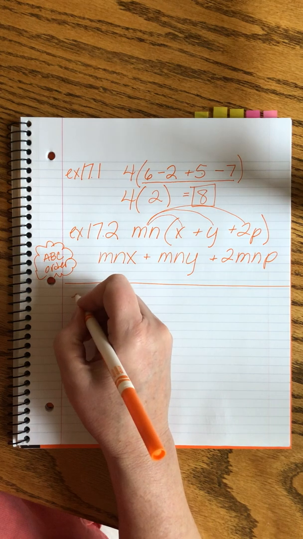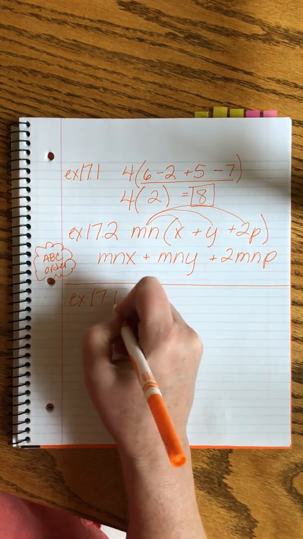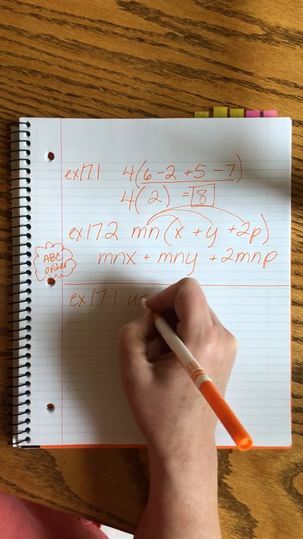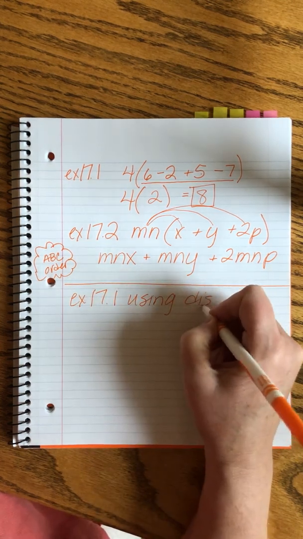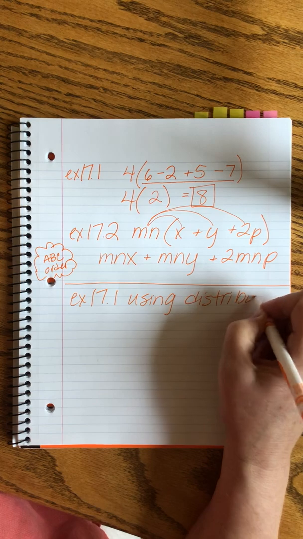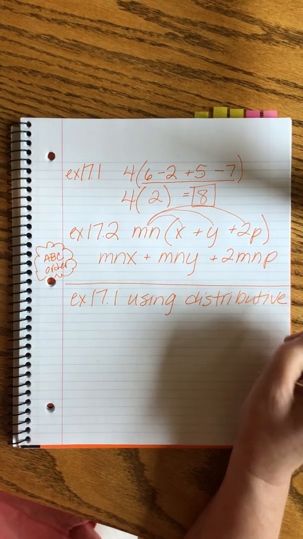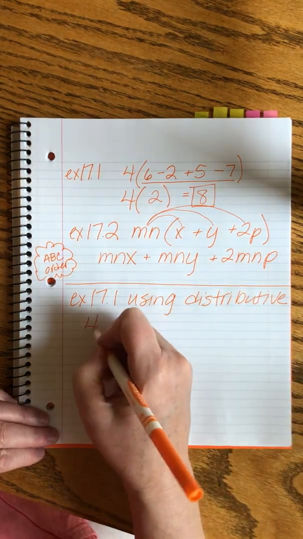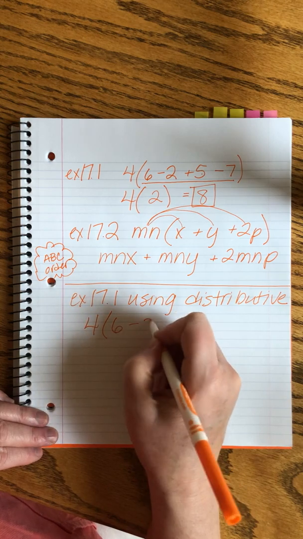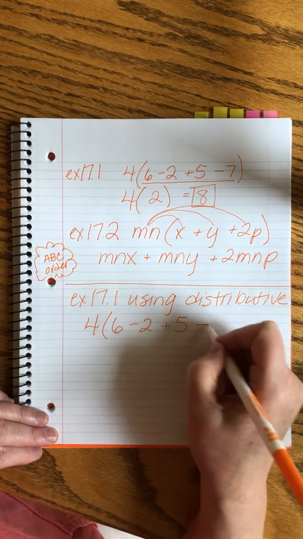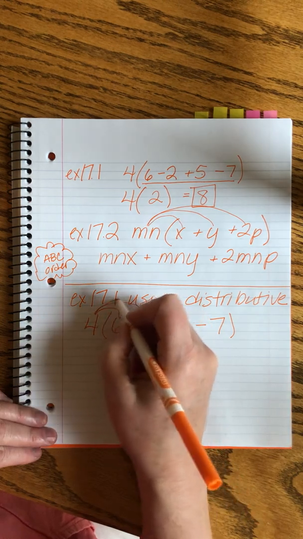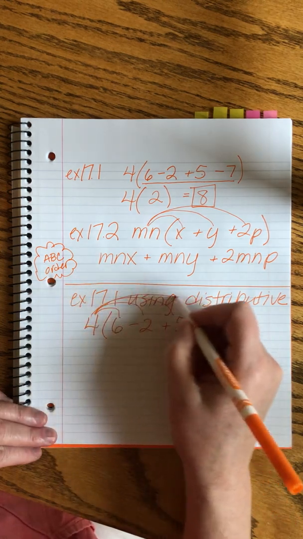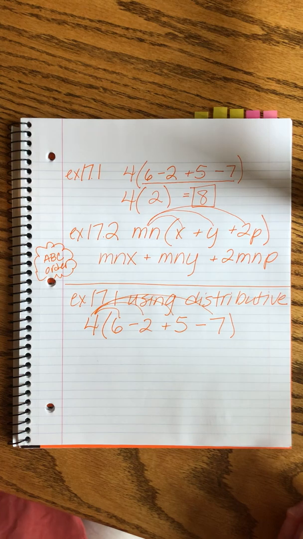So this is 17.1 using distributive property. I'm just going to write it again so we can see all the numbers. 6 minus 2 plus 5 minus 7. Okay? So I'm drawing these to help me remember all the different steps I need. This one will have 4 steps.